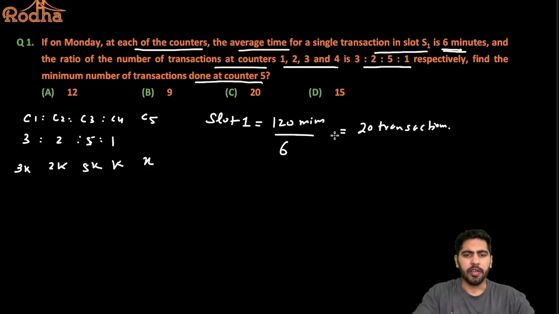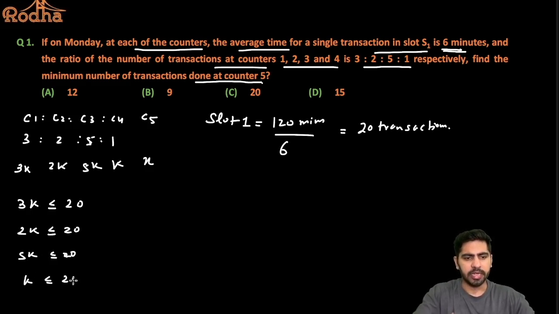All right. Now if 20 transactions can occur, at counter 1 the number of transactions are 3K. So can I say 3K should be less than or equal to 20? Similarly 2K should also be less than or equal to 20, 5K should also be less than or equal to 20, and K should also be less than or equal to 20.